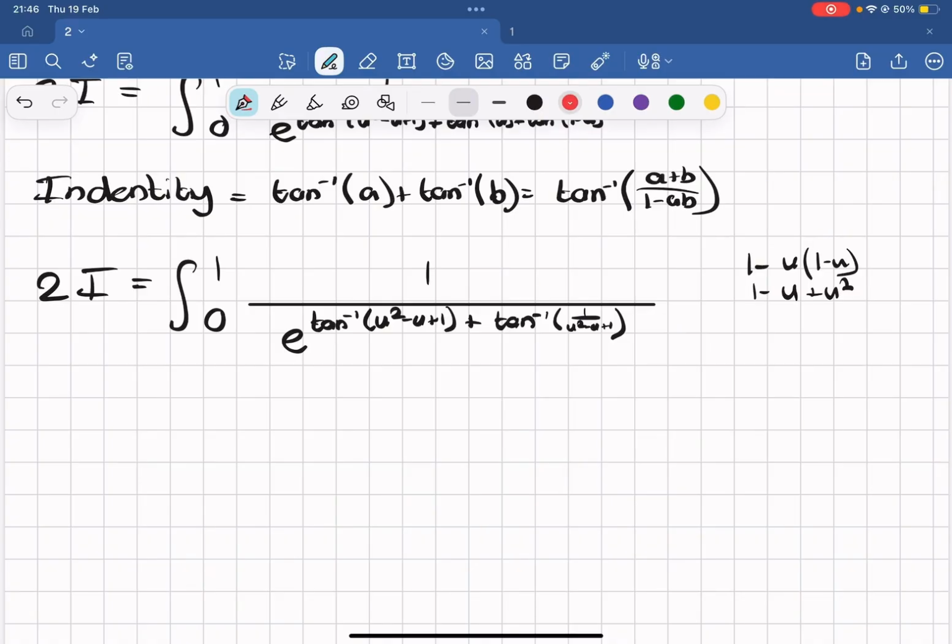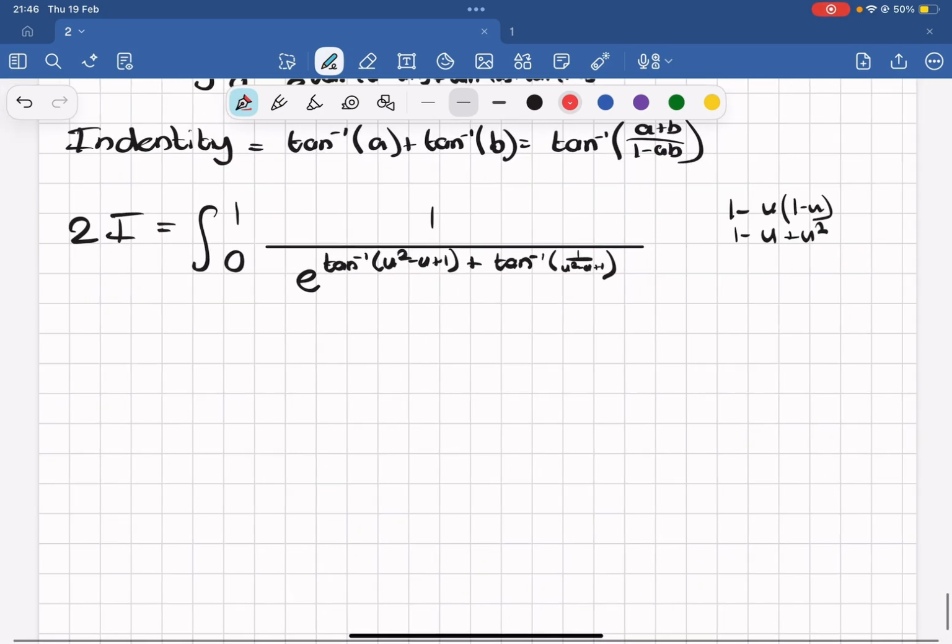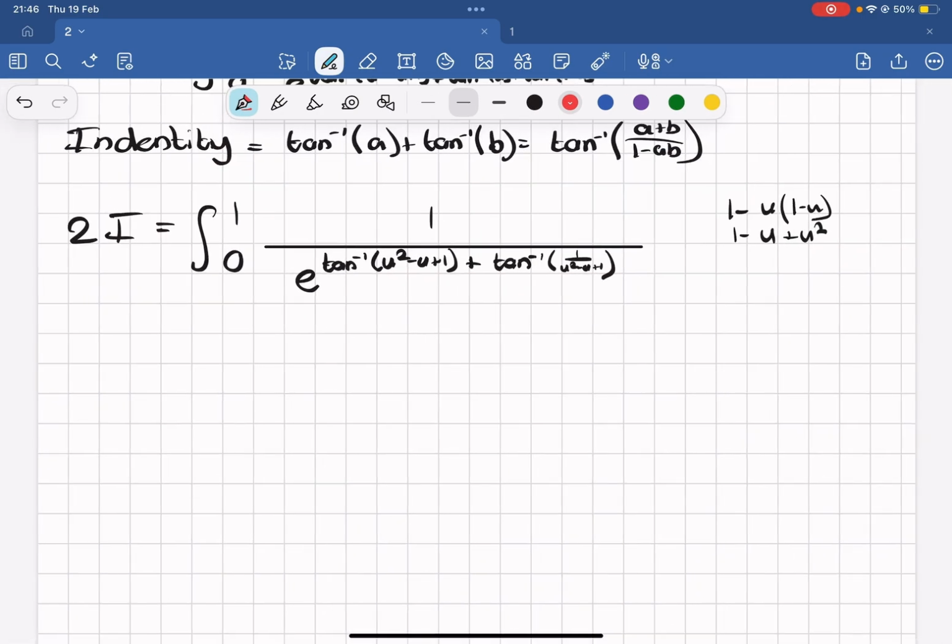So let's call this something, I don't know, let's call it A. And we know there's a very useful identity that we can use here, so I'm going to start off by proving it. So let's say theta equals arctan of A.